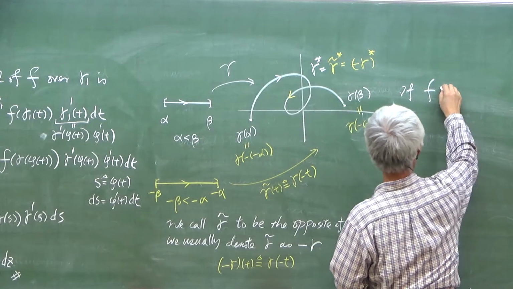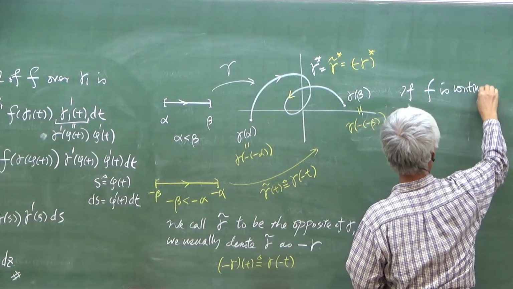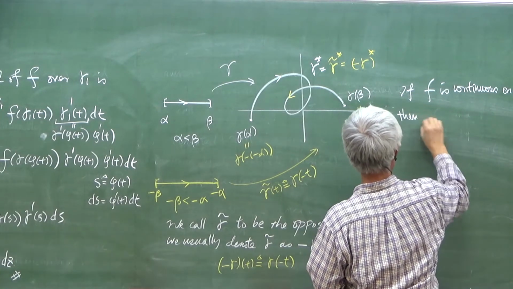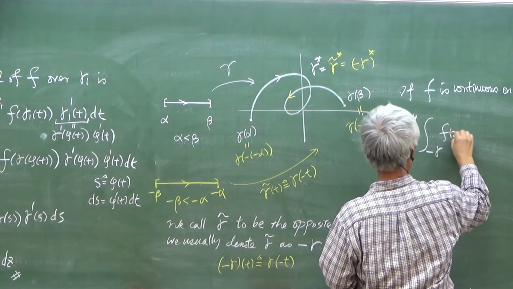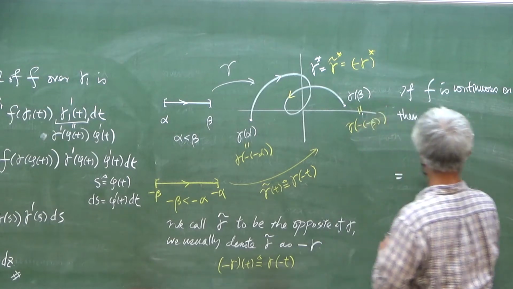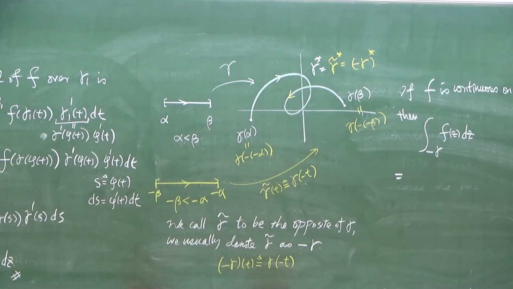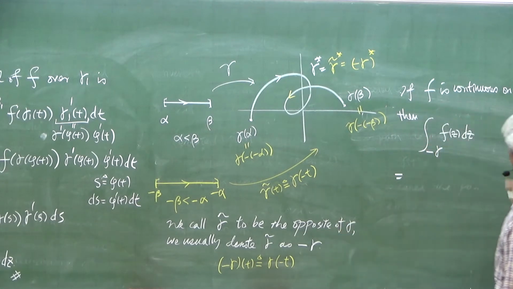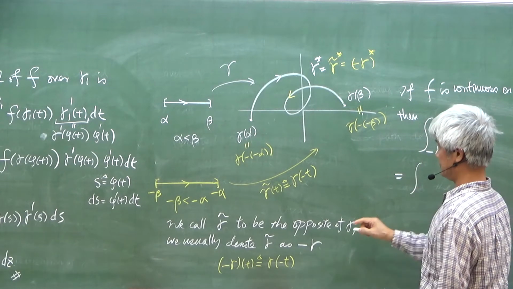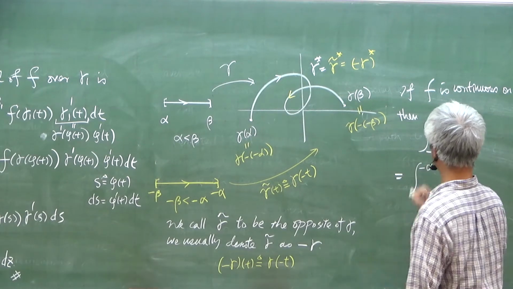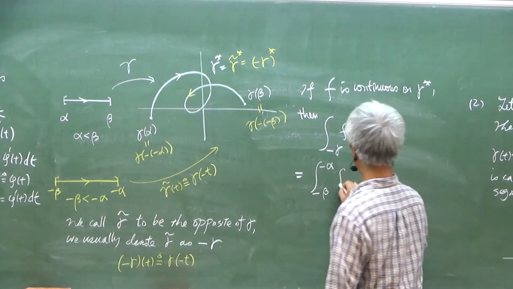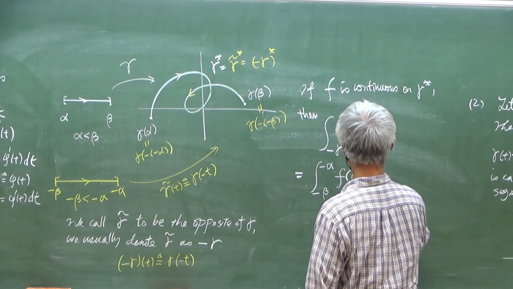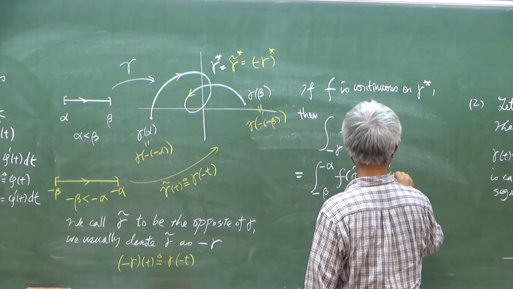Now if f is continuous on gamma star, we evaluate the line integral along the opposite, or the reverse, of gamma. By our definition, this is from minus beta to minus alpha of f of gamma tilde of t times gamma tilde prime of t dt.